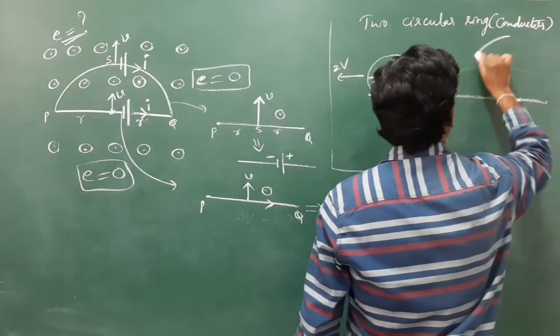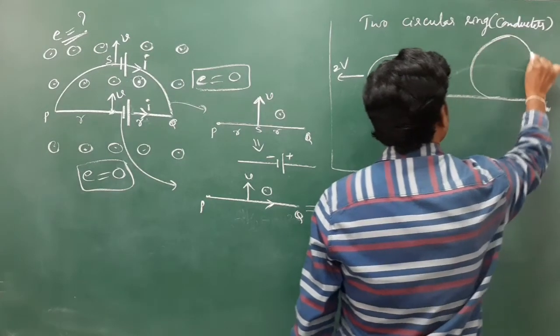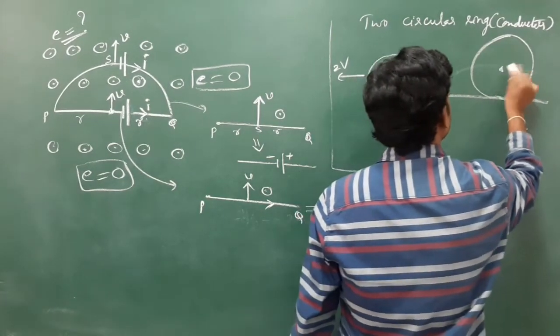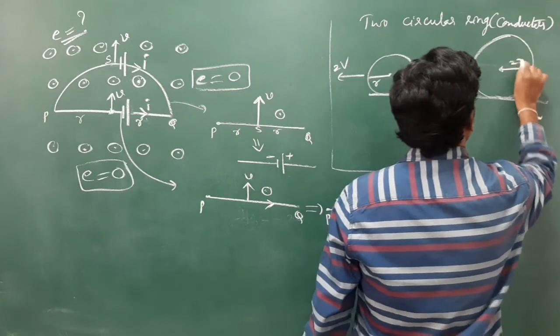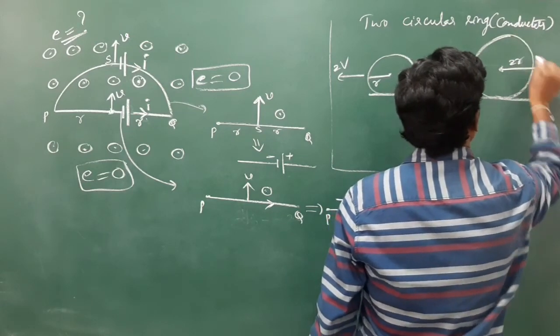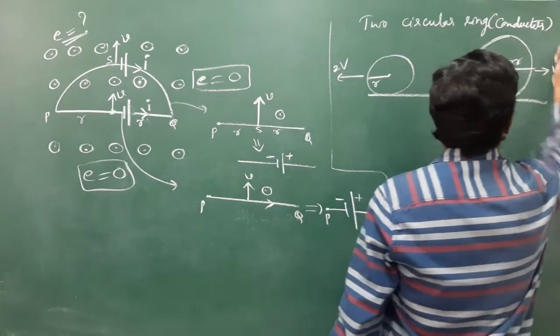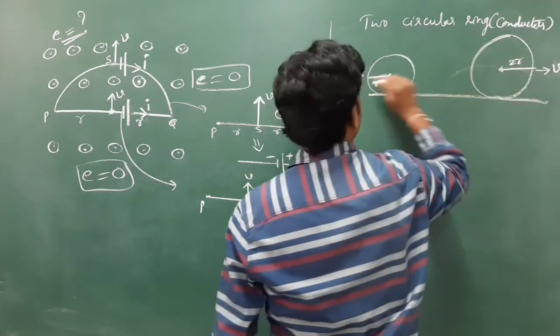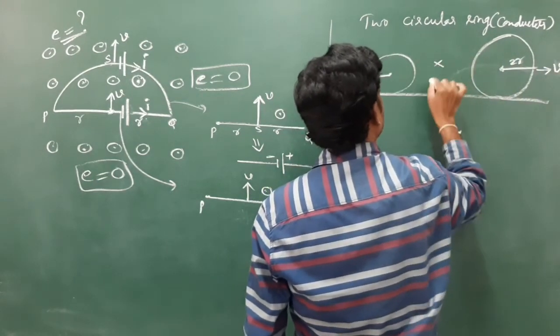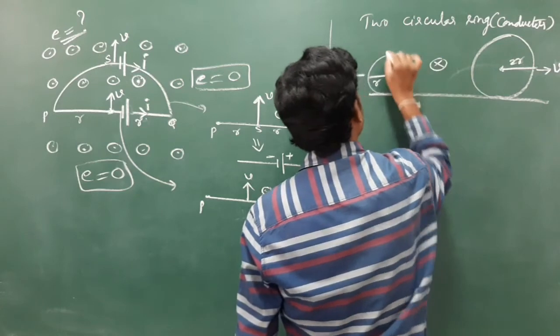One more ring whose radius is 2R moves with a speed v. This is v, this is 2v, and these two are in an inward magnetic field.